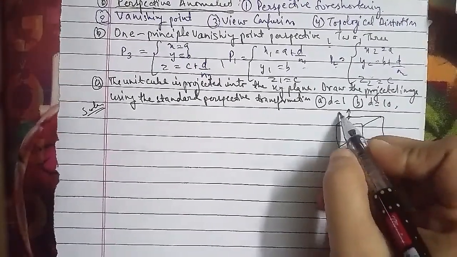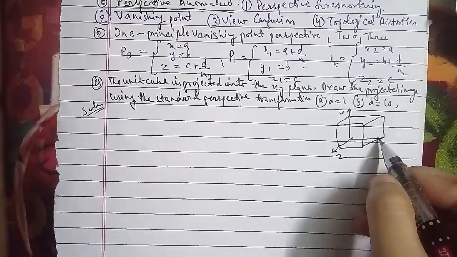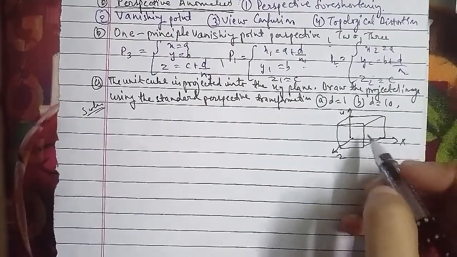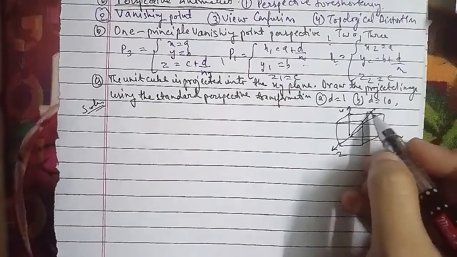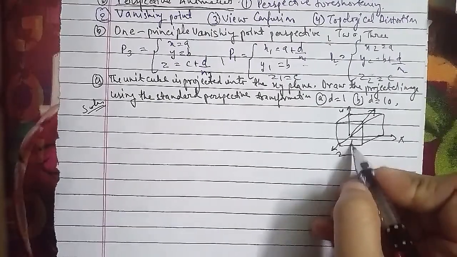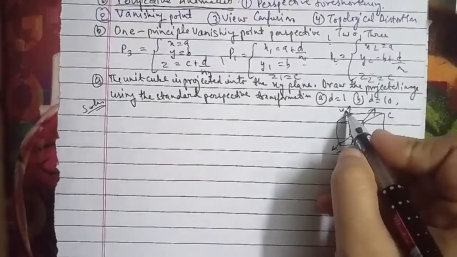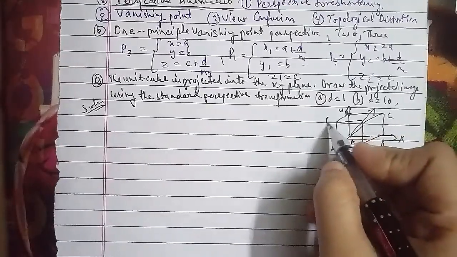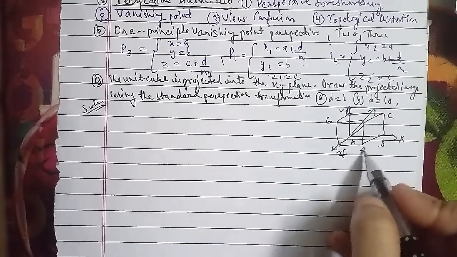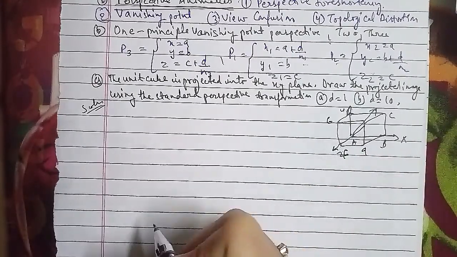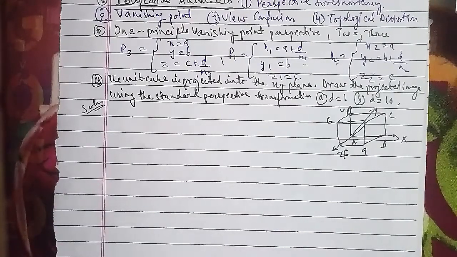This is the y-axis, this is the z-axis, and this is the x-axis. These are the points A, B, C, D, E, and F, and G as well. So that has been represented here. Now we'll go ahead with the solution of this, which is as follows.